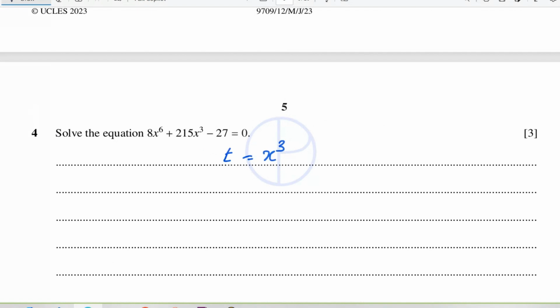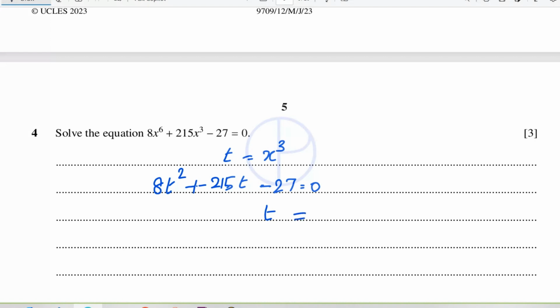Okay, so 8t square plus 215t minus 27 equal to 0.